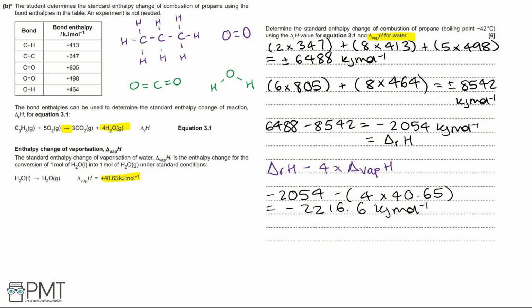So that's what we've done at the bottom here. That is going to be our enthalpy change of combustion for propane. And then that's how you get your 6 marks. So it's the first part, laying that out properly. So you've got your bonds made and your bonds broken, and then your next part of minusing your 4 vaporization enthalpies of water.